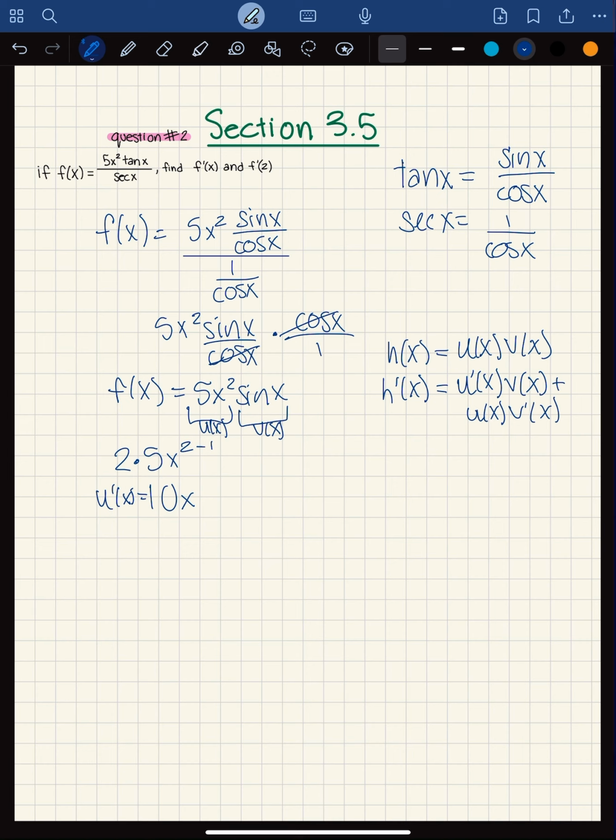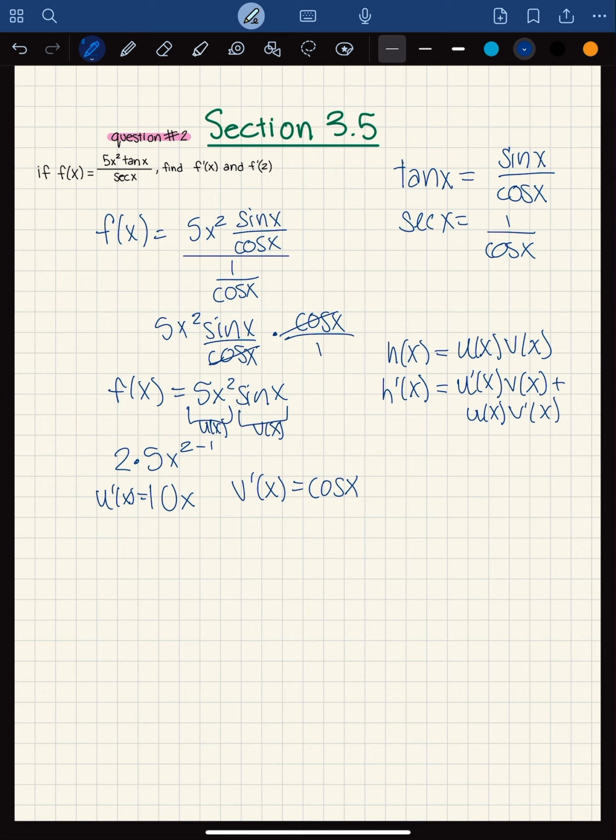So now we can do the derivative of sine x. And to make it easier, you should just memorize the derivatives of the basic trig functions. So the derivative of sine x is cosine x.